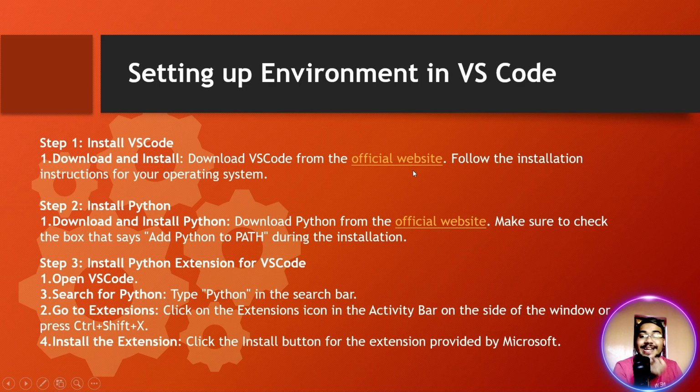To get this link or this PPT, you have to join our Telegram group. We will discuss it at the end of our session. So now in the next step we have to install the Python extension. Let's move to VS Code and see what we have to do.